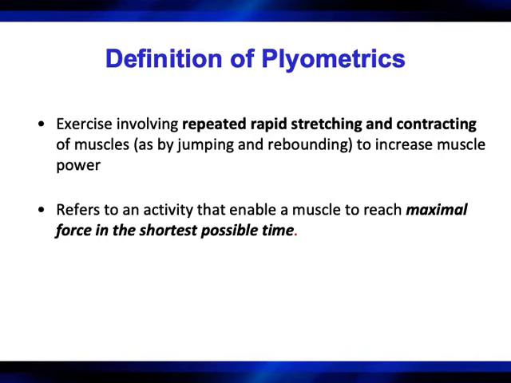So the first part of this definition is really important, that it's a repeated rapid stretching followed by a contraction. So we have an eccentric, a lengthening of the muscle, followed by a concentric. And we'll talk about on the forthcoming slides how important that first part is, the rapid stretching, the eccentric component, to generate the most force possible.